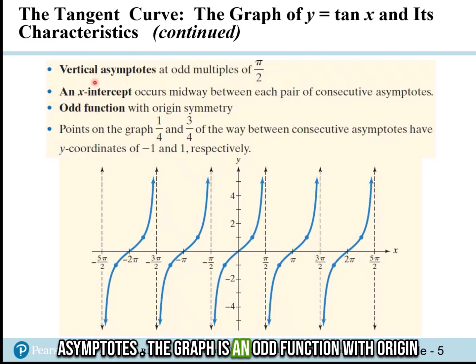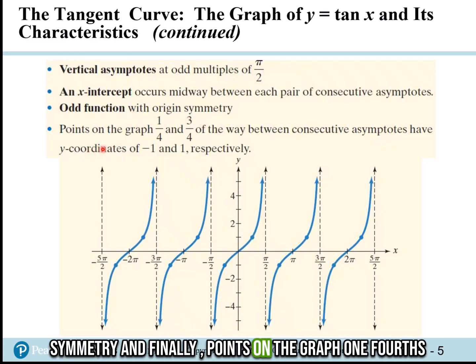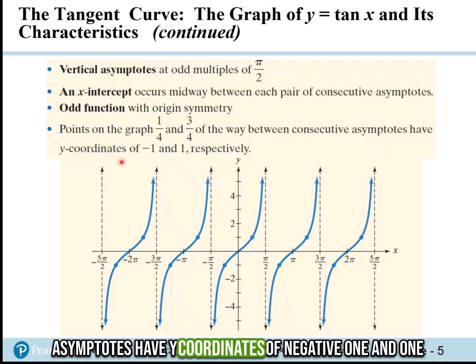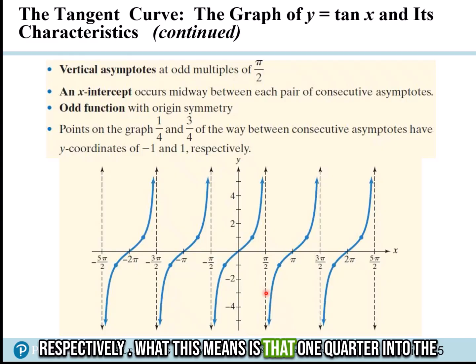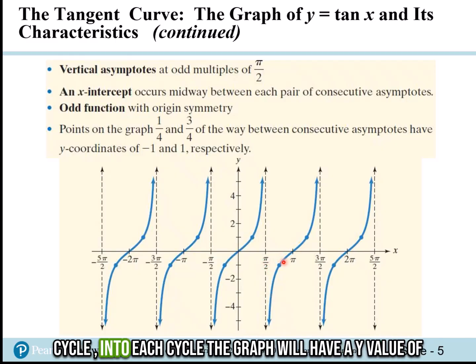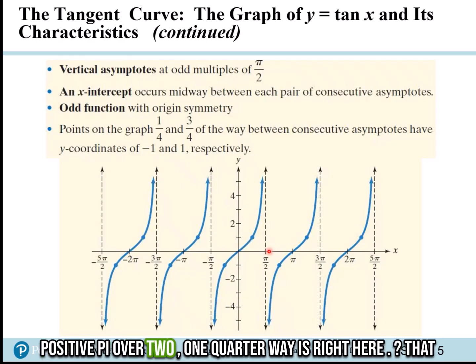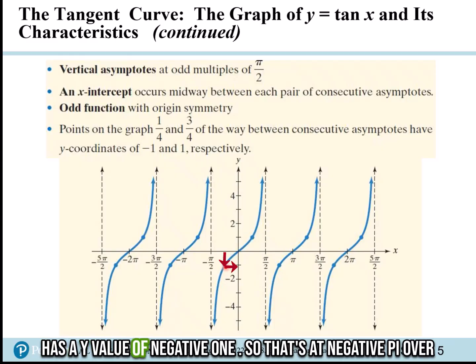The graph is an odd function with origin symmetry, and finally, points on the graph 1/4 and 3/4 of the way between consecutive asymptotes have y coordinates of -1 and 1 respectively. What this means is that 1/4 into each cycle, the graph will have a y value of -1. So if we move from negative pi over 2 to positive pi over 2, 1/4 of the way is right here, that has a y value of -1.